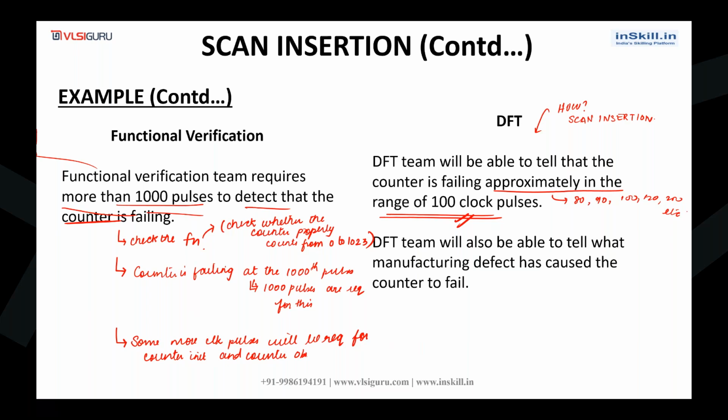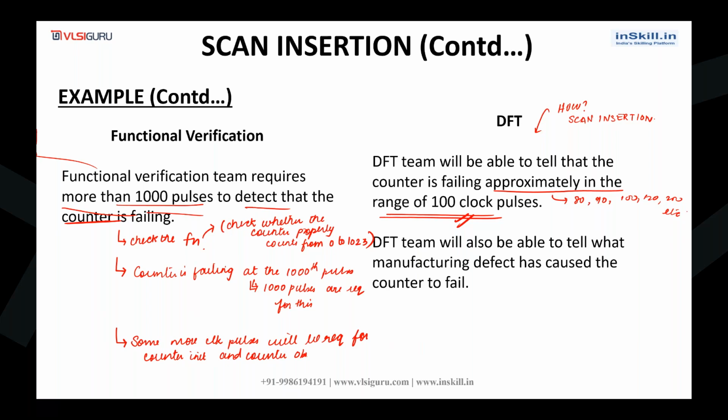If you compare, the functional verification team required more than 1000 clock pulses to tell that the counter is failing, whereas the DFT team is able to tell that the counter is failing approximately in the range of 100 clock pulses itself. So the DFT team is able to tell that the counter is failing in significantly fewer clock cycles compared to the functional verification team.